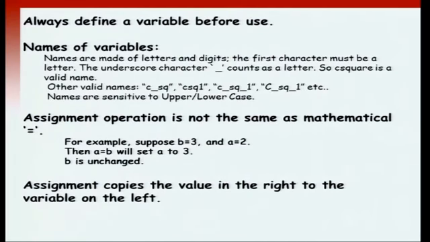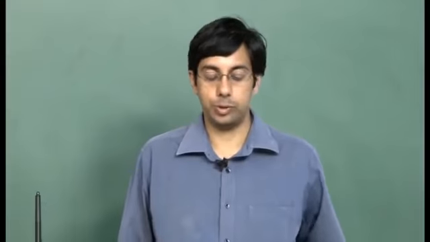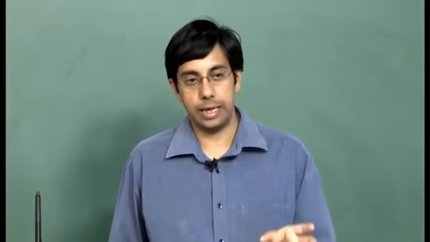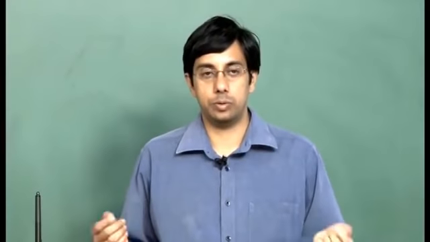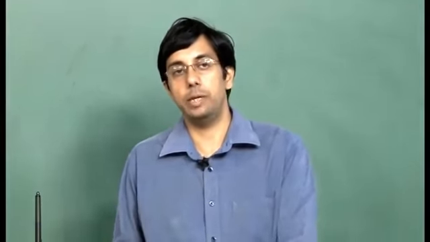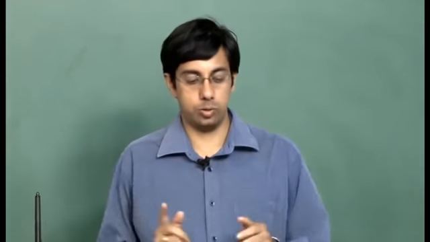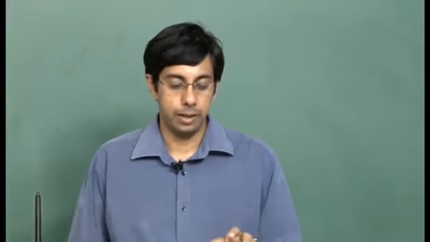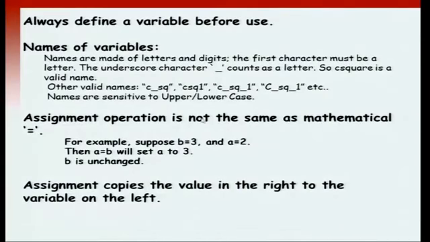Another thing to watch out for is that the assignment operation, which is equal to, is not the same as the mathematical equal. So when mathematically we say A equal to B, it means that A and B are the same quantity. So A equal to B is the same as saying B equal to A. This is not true in C. For example, let's say that you have the statement B equal to 3 semicolon, and then later you have A equal to 2 semicolon, and further you have the statement A equal to B semicolon.